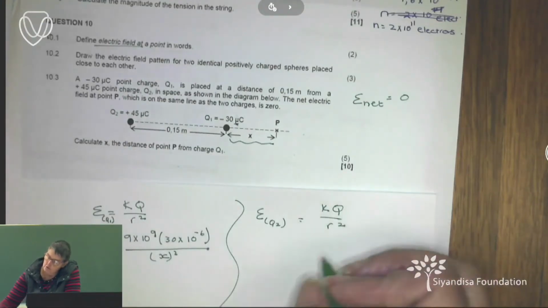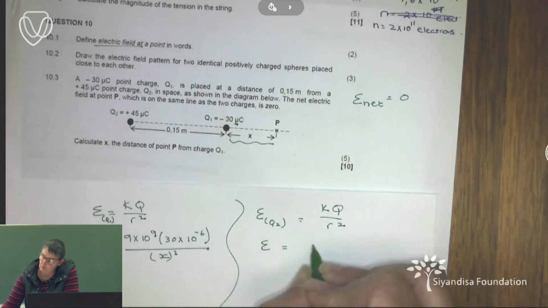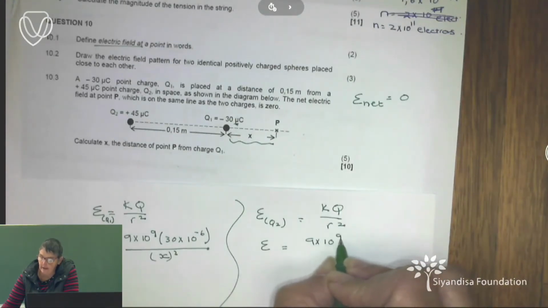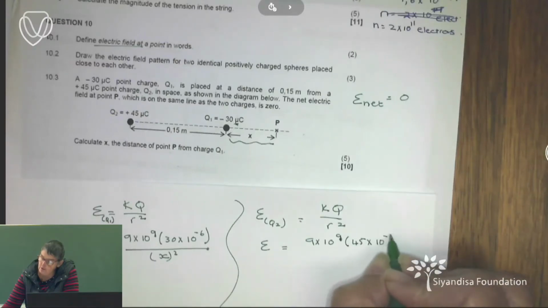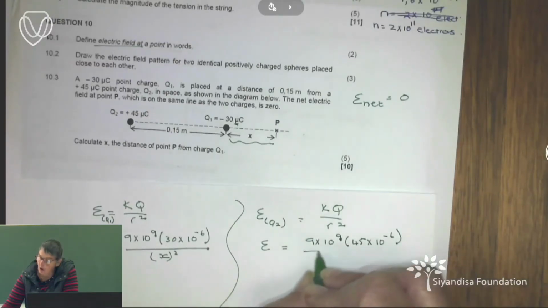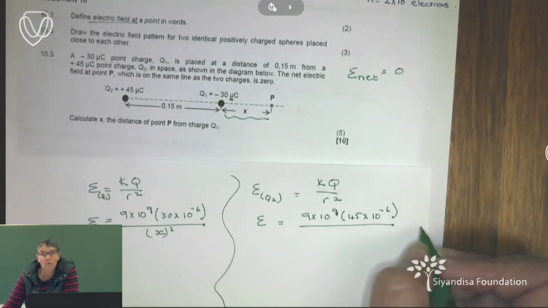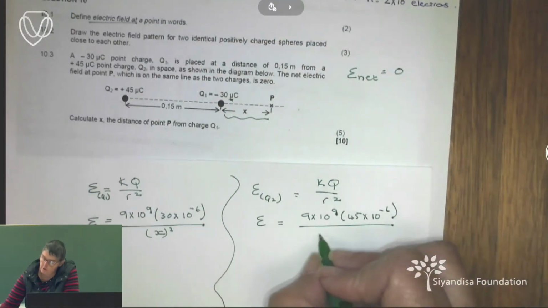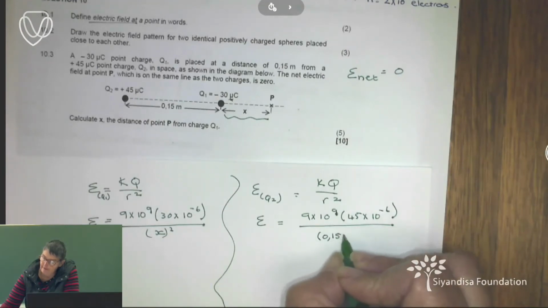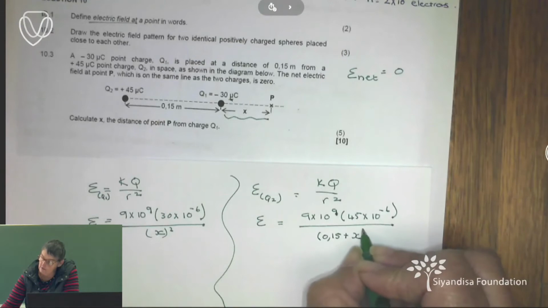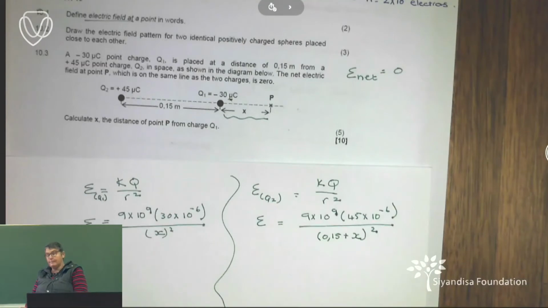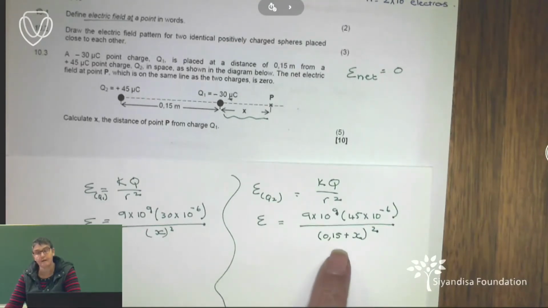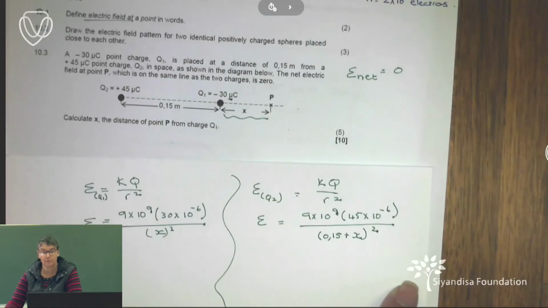Okay, right, so I'm going to say E is equal to 9 times 10 to the 9th, and now I'm going to make use of Q2, which is 45 times 10 to the negative 6, over, and now my distance is a problem. So I'm going to say 0.15 plus x squared. Right, that could be a problem. Please make sure you remember to say 0.15 plus x and the whole thing squared.